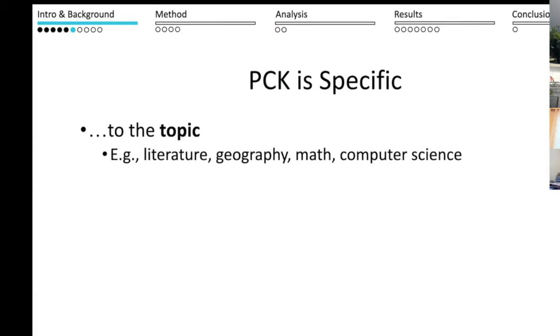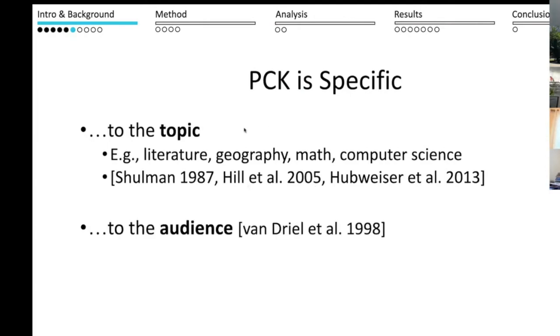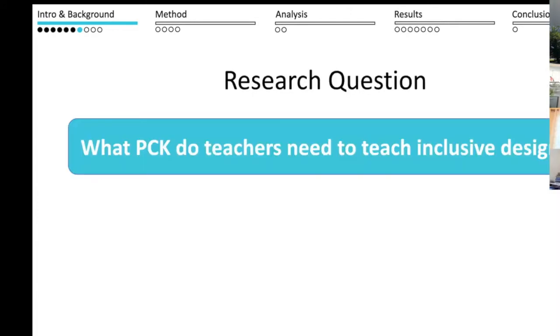So it's very specific. And not only is it specific to the topic, but also the audience, the particular population of students that you're trying to reach in this class, whatever your tomorrow's class is. And therefore, if you're going to measure it, then you have to, of course, measure it in those ways.